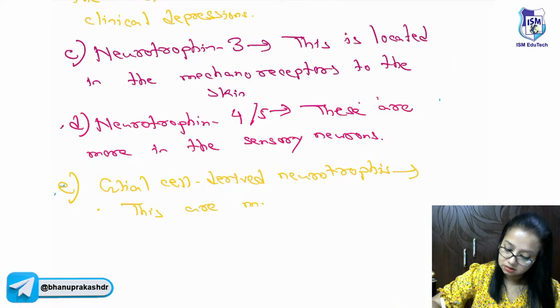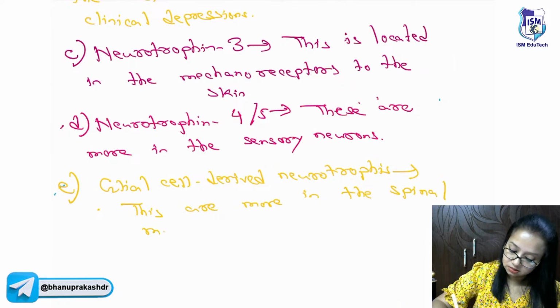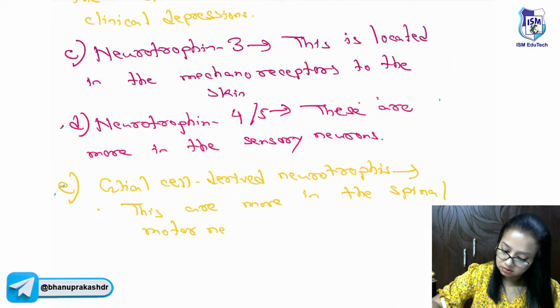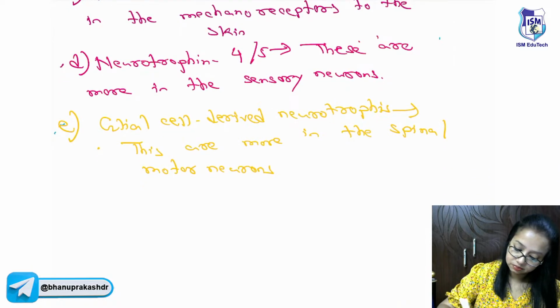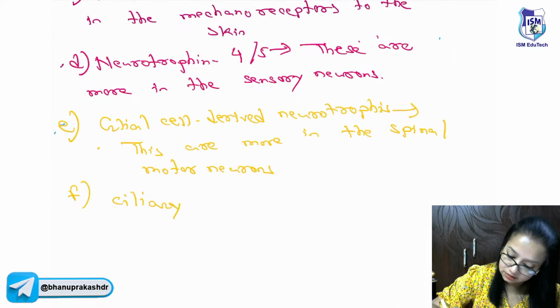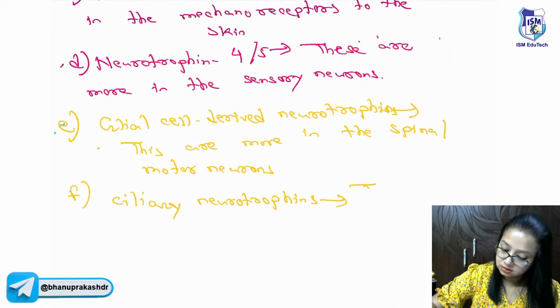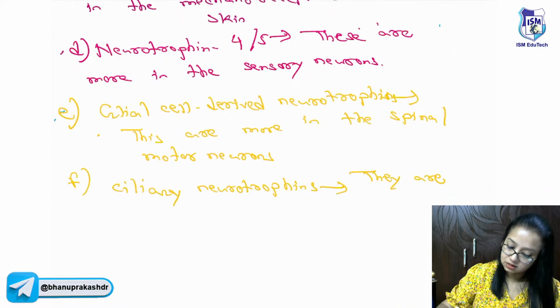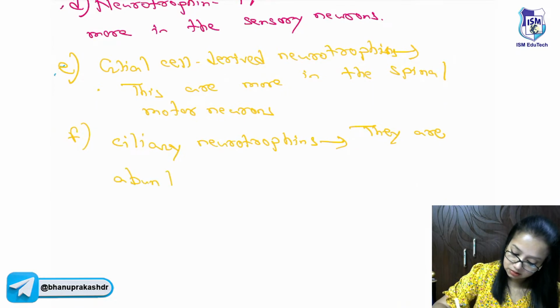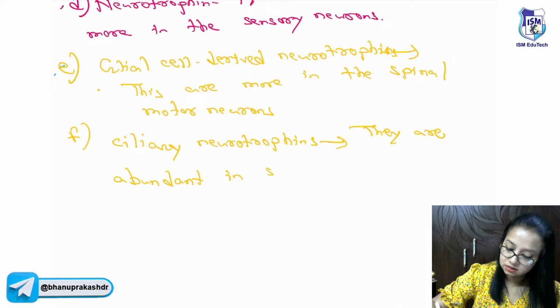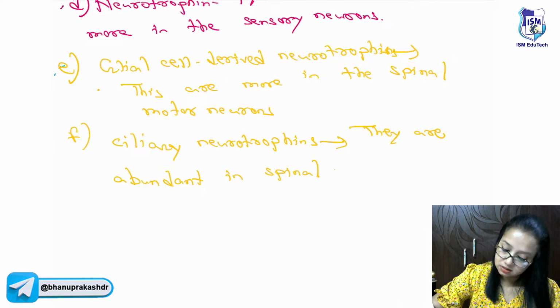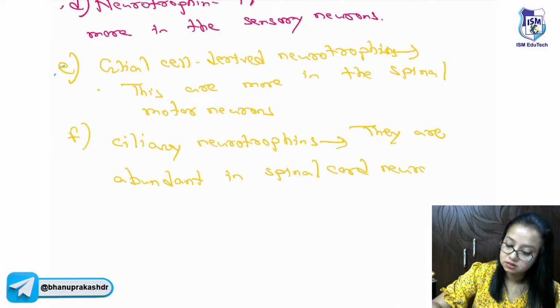These are more in the spinal motor neurons, whereas the ciliary neurotrophins are abundant in spinal cord neurons.